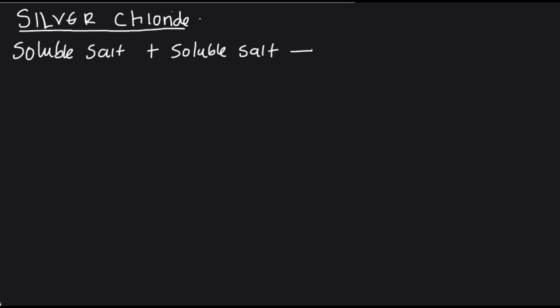So we need two soluble salts to form the insoluble required salt plus a soluble one. Remember, we said you should just focus on the salt that we are preparing.